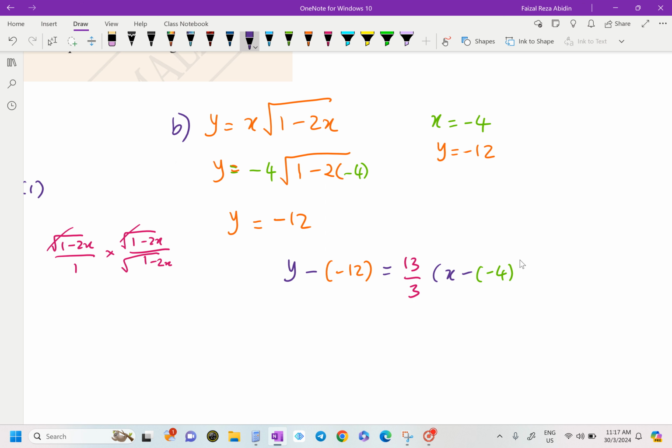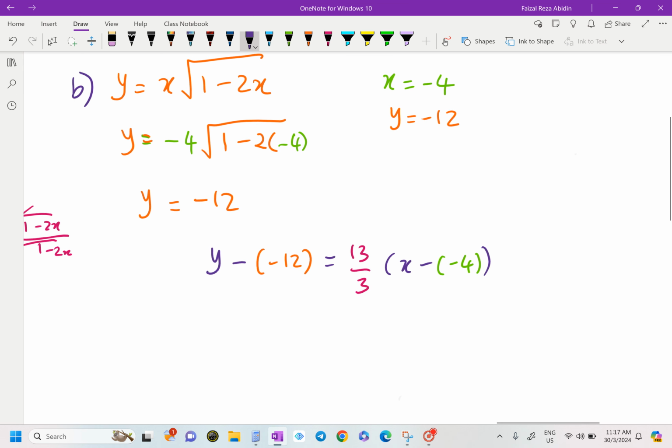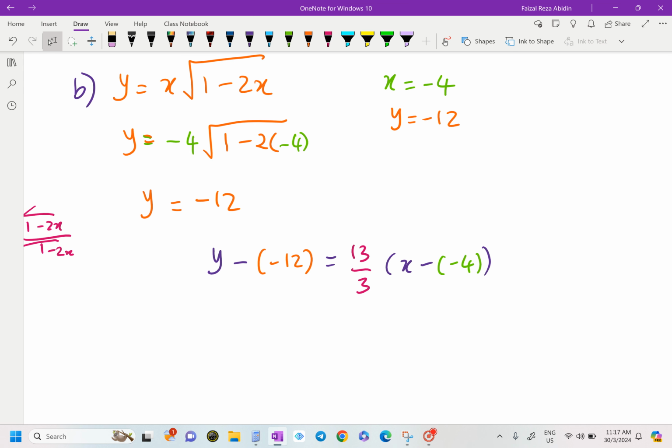Be careful here, because the values of x and y are negative, so negative becomes positive. Because my m is over 3, we are going to times everything by 3.